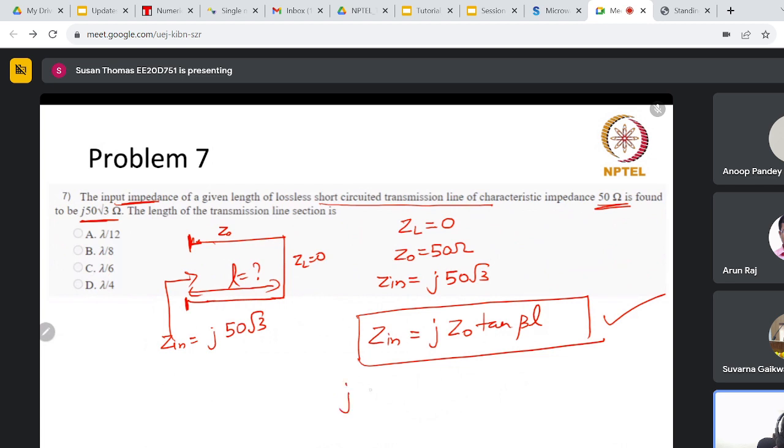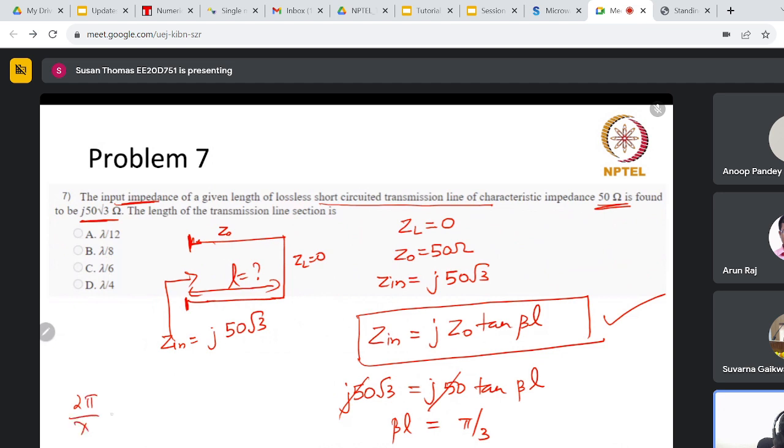Just substitute j50 root 3 equal to j50 into tan beta L. j50 gets cancelled. Tan beta L is equal to root 3, whereas beta L can be written as, what is beta L? Beta equal to 2 pi by lambda into L. Yes. So beta L is pi by 3.